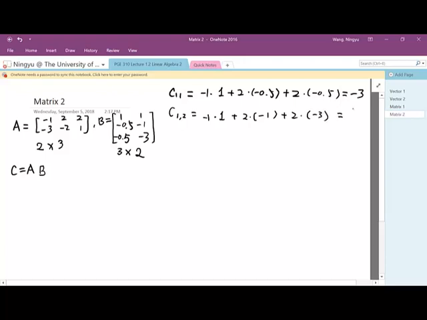What is this? This is minus 9. So here we've done the first two elements in the result.